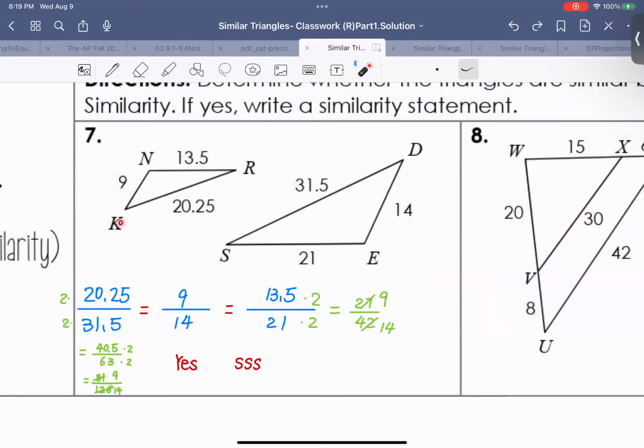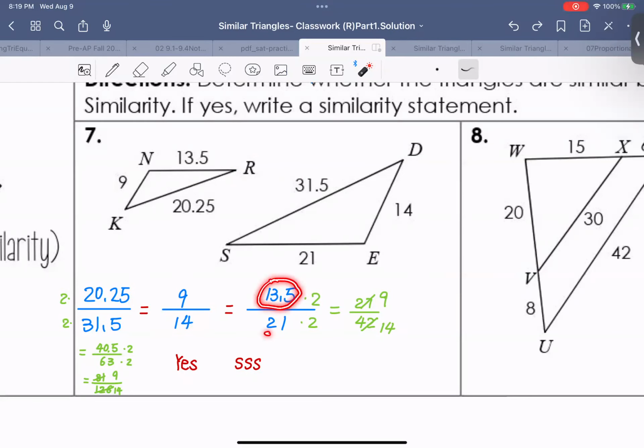And you also want to check if this is the 13.5 over this 21, right? Yes. Longest over longest, and the shortest over shortest, and the middle over middle. So we have these three listed, correct? Yes. After that, we want to check. This is an integer.